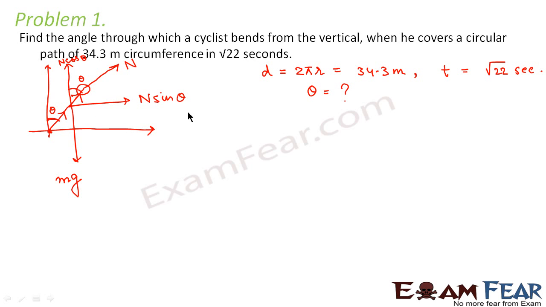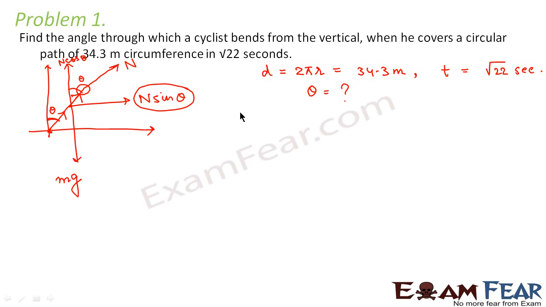Now, what is forcing the cyclist to move in a circular path? Obviously centripetal force. Centripetal force would be along this direction because it always acts towards the center. That means the centripetal force is provided by the horizontal component, which is n sin theta. So we will write the equations.